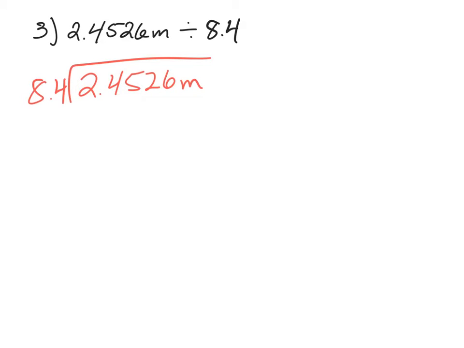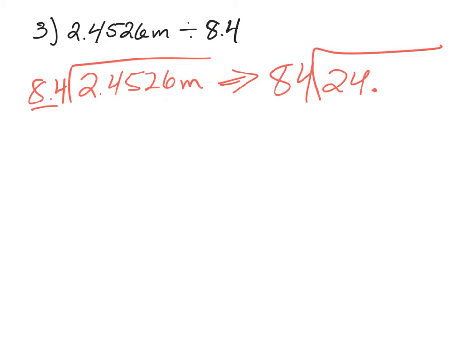But you have 8.4 over there. The standard way of doing that is to make it 84. And since I moved the decimal place once over for that number, I have to do the same over here, 24.526. I'm not going to worry about the meters right now. But how many times does 84 go into 24? 0. You write the decimal there then.